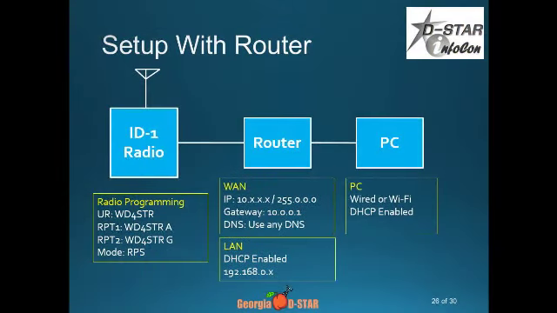Now I'm going to change the mode to RPS. RPS is the high-speed data mode. So for my ID1 to operate, that's already programmed in. And if I'm using my local repeater going into it on its high-speed data module, I just basically plug and play here. And that package has actually flown on an airplane to take some pictures.